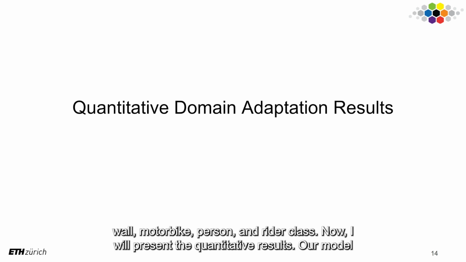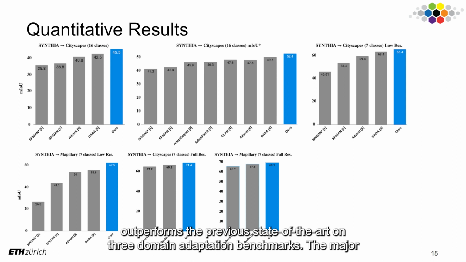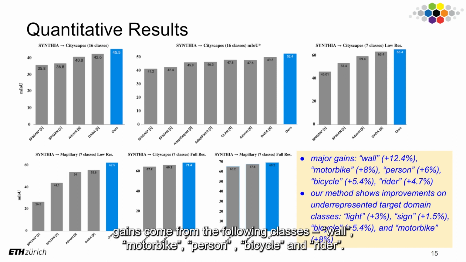Now I will present the quantitative results. Our model outperforms the previous state of the arts on 3 domain adaptation benchmarks. The major gains come from the following classes: wall, motorbike, person, bicycle, and the rider.